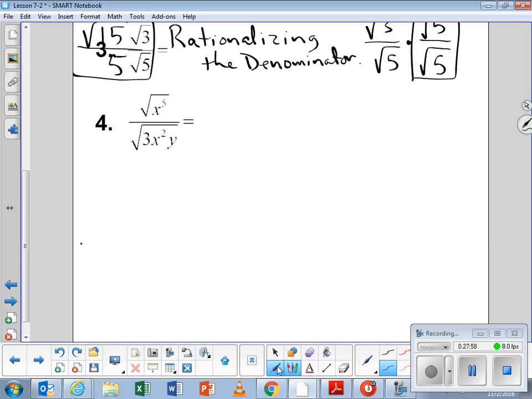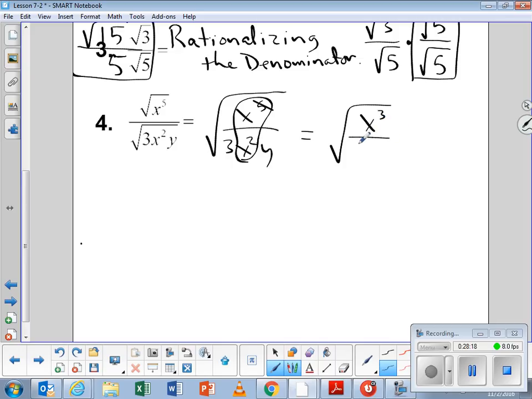So my first suggestion would be to write this in both square roots. So write it as x to the 5th over 3x squared y. And what happens to my y or my x squared? It cancels with how many of those? 2 of them, leaving me with 3 of them. So I end up with x cubed over 3y. Okay? X cubed over 3y.